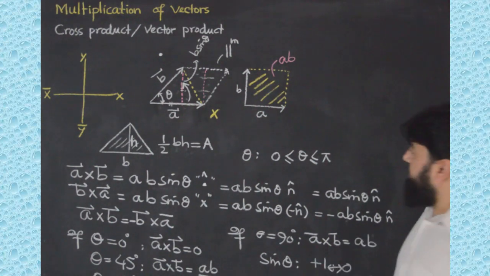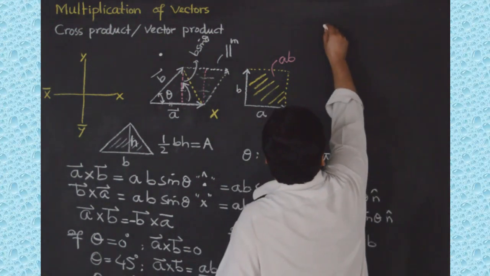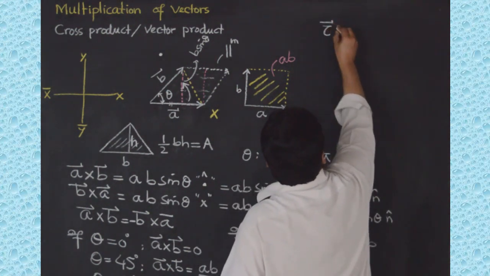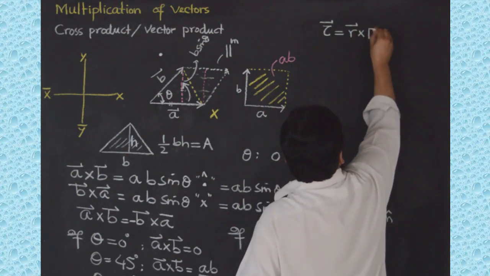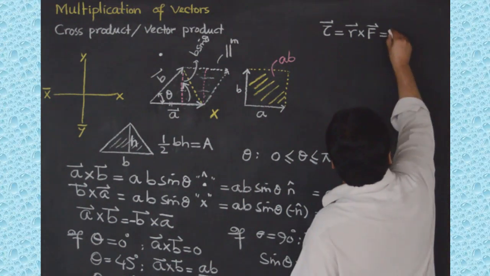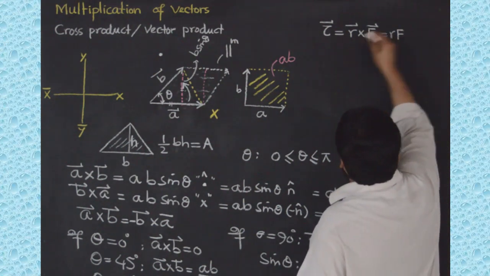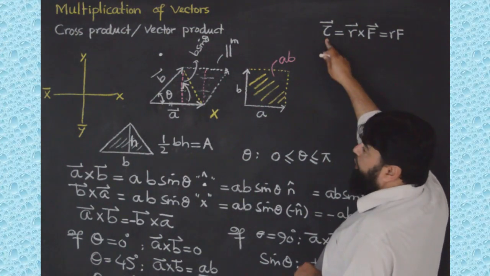Now I can consider this with an example, and let's say I am taking the example of torque. So torque is equal to R cross F, and this is equal to, now R is the moment arm, F is the force, and tau is the rotational force.